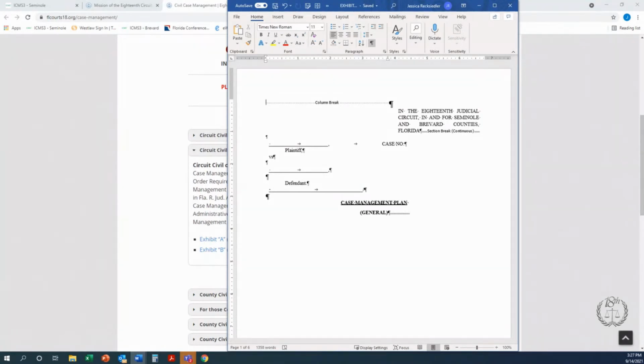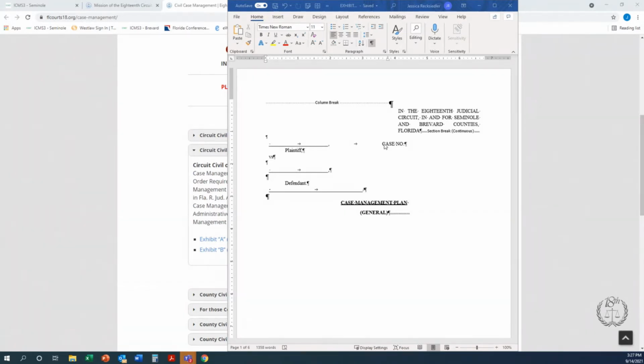However, what is expected is that that information is, of course, edited to show if it is for Seminole or if it is for Brevard. So I would ask that you all adjust the style of the case to indicate what county you are in, because there are some individuals who are not doing that.